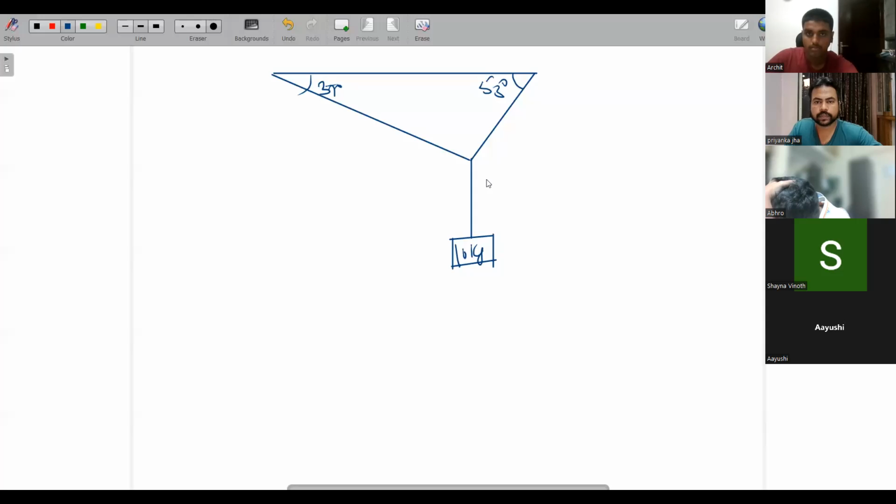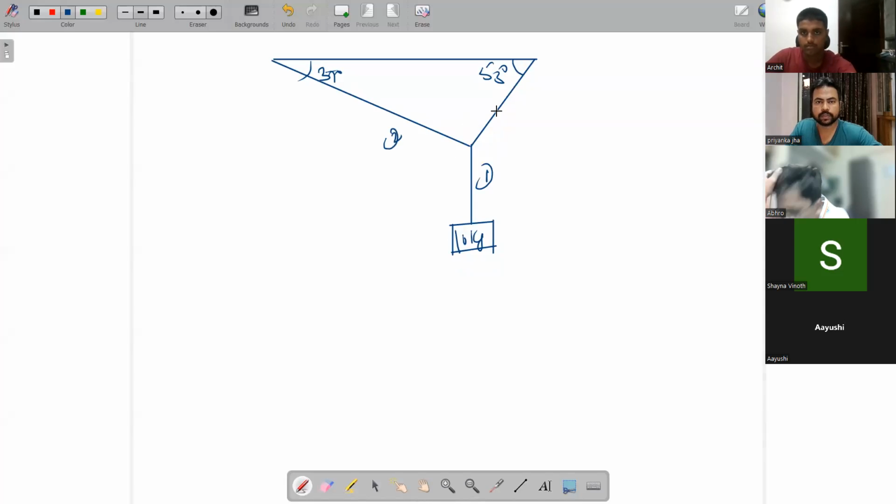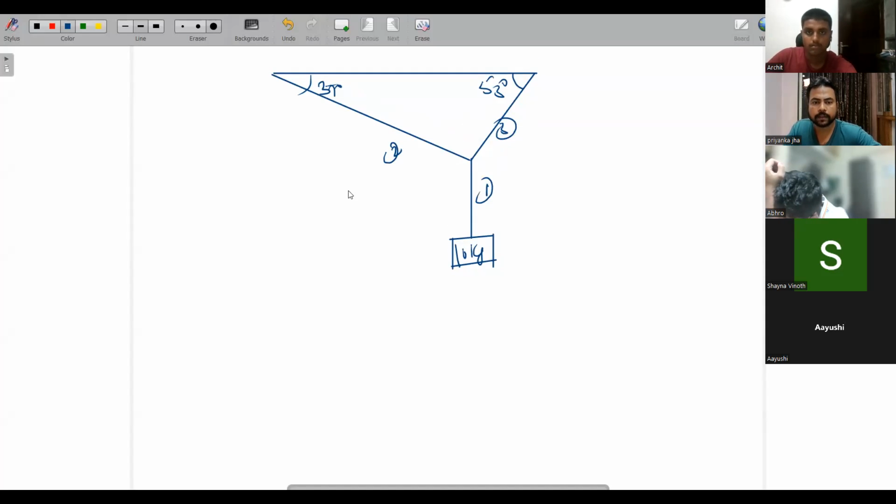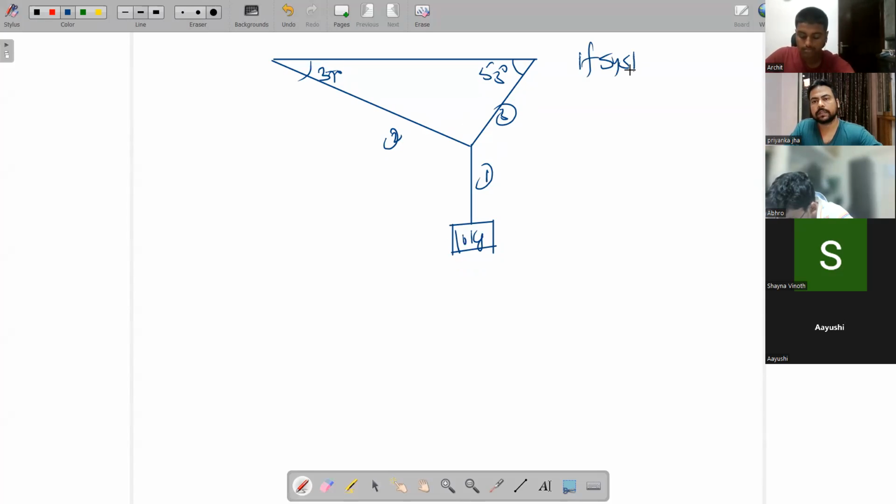And this is rope number 1. This is rope number 2. This is rope number 3. So you have to find the tension in all these strings. System is at equilibrium. So we can just use the sine rule here, right? You can apply Lami's theorem, but Lami's theorem, the sine rule, applies only when just three forces are acting.